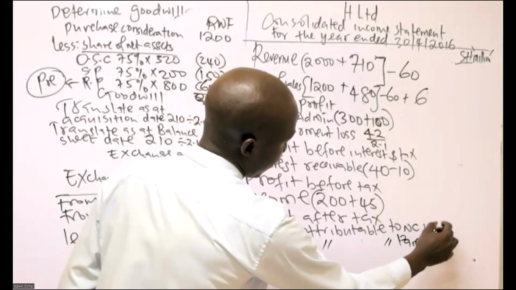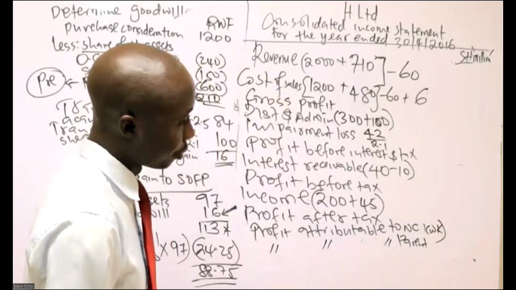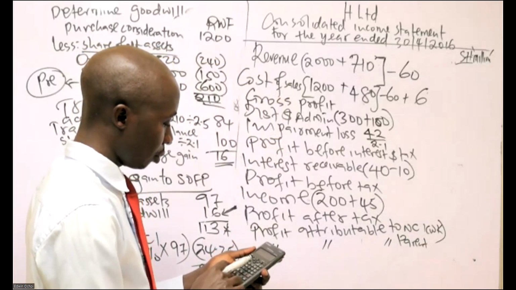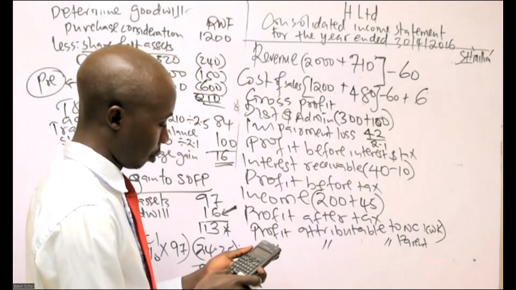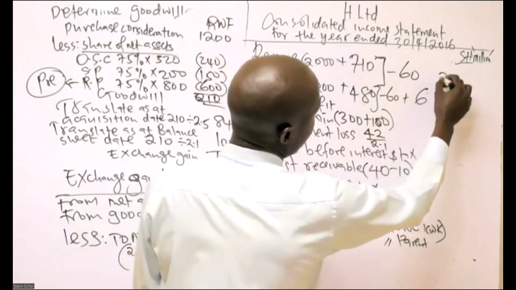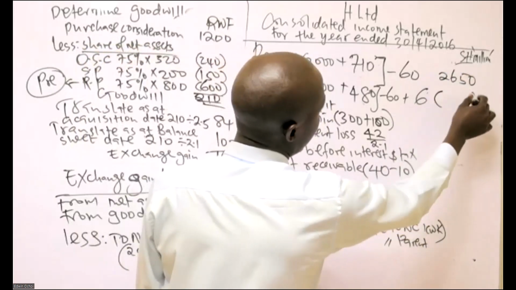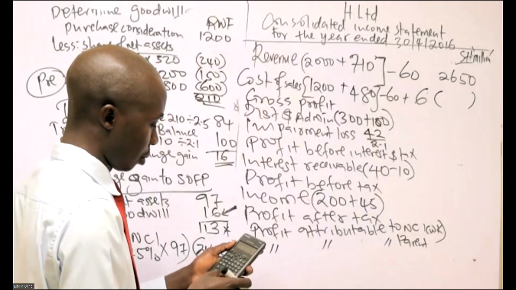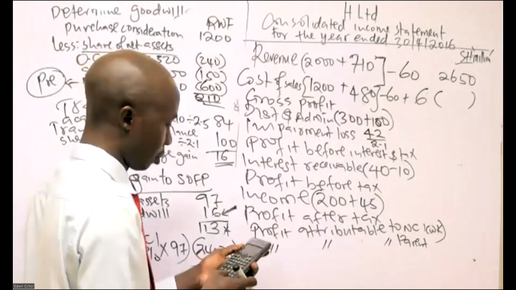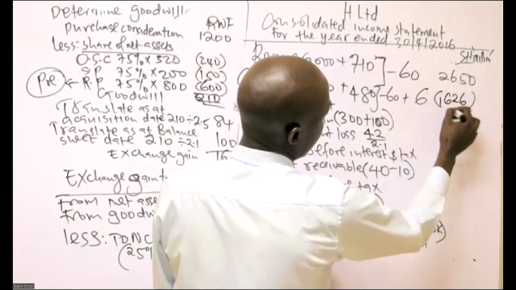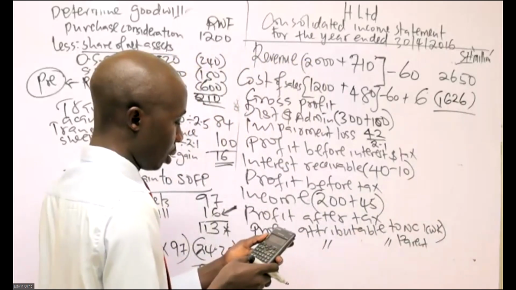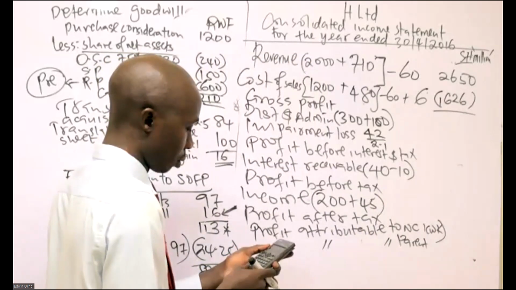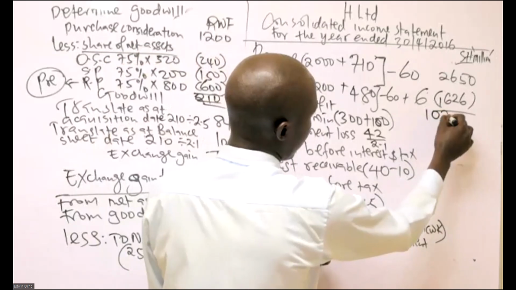This one we do a working. For the NCI, we do a working. The answers, this is 2650. You minus what? 1626. 2650 minus answer, 1024.